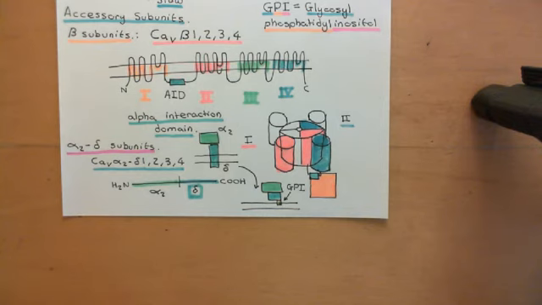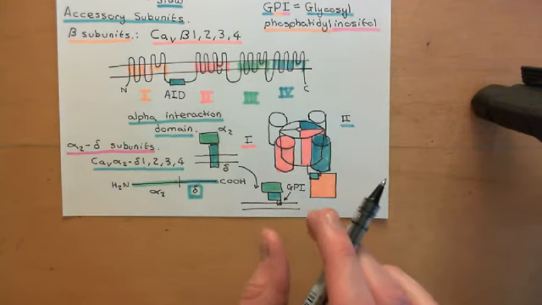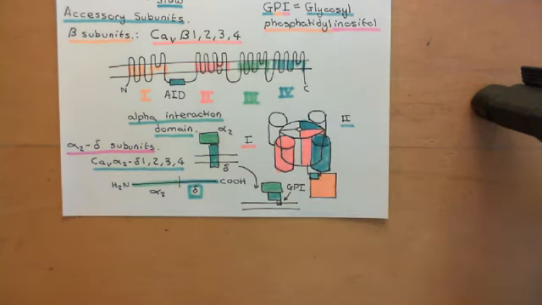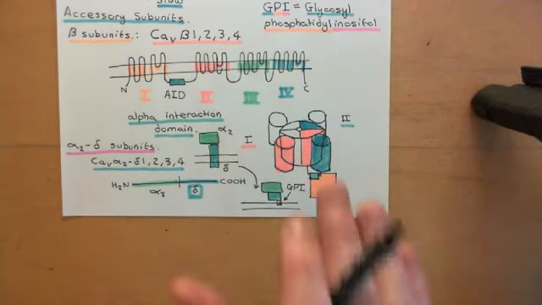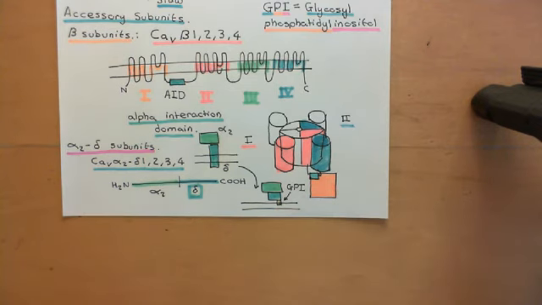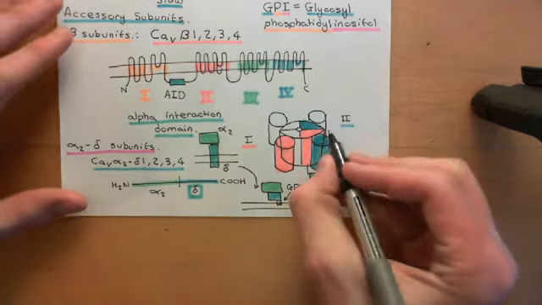So let me now show you how alpha-2 delta subunits attach onto the alpha-1 subunit of a voltage-gated calcium channel. Here we've got our picture of the alpha-1 subunit with a beta subunit there. What I now want to do is add on to that picture the alpha-2 delta subunit, and each voltage-gated calcium channel alpha-1 subunit can only have a single alpha-2 delta subunit attach on.